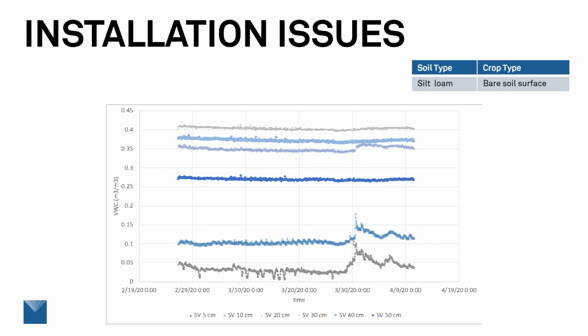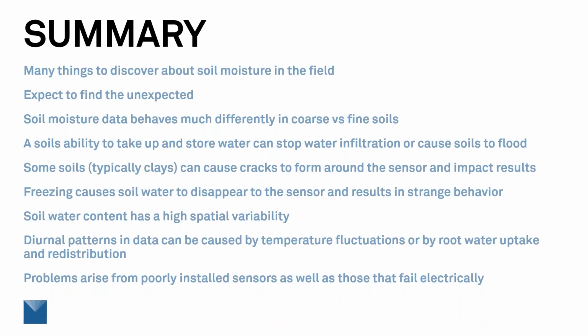If we're in a silt loam soil with a bare soil surface, so we're not getting any uptake by any plants, then seeing these data where we get water contents down at 10% and below has to send a red flag to us that maybe there's a problem, because silt loam that's wet should be reading at or above 30% in terms of what I expect. So this would be a great time to go check those sensors and maybe reinstall them.